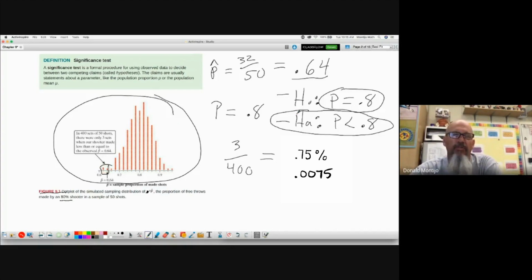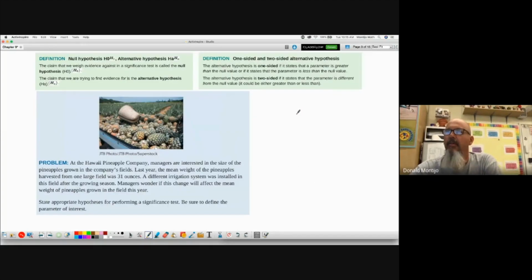Now, there's a formal process that needs to be done in order for us to make sure that we can trust our results from this significance test. So again, this whole unit, we're going to be looking at significance tests. As we spoke to on the previous slide, there's a null hypothesis and an alternative hypothesis.